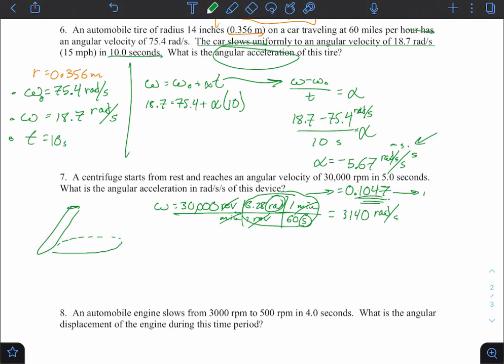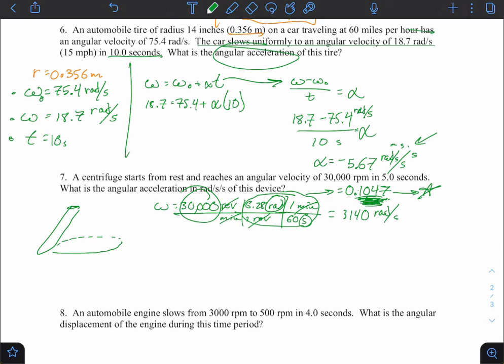So if we're trying to convert revolutions per minute to radians per second, you multiply by 0.1047, basically divide it by 10. It's pretty darn close. That might save you a ton of time.